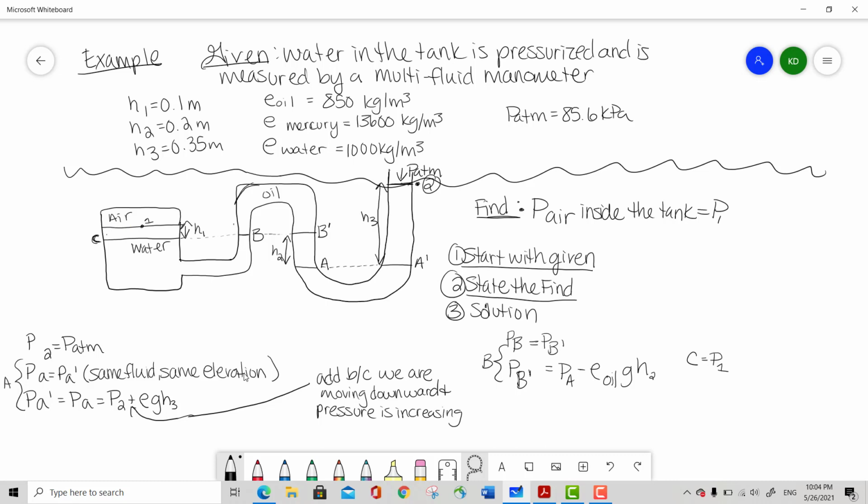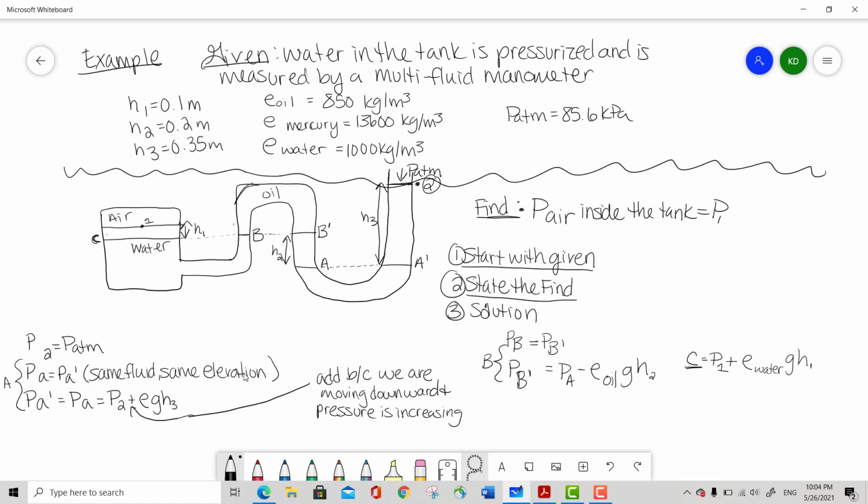If you're starting from here and you're going down, you add, just like here where you went down. This is water, the density of water, GH. Which H are we looking for? This one right here.